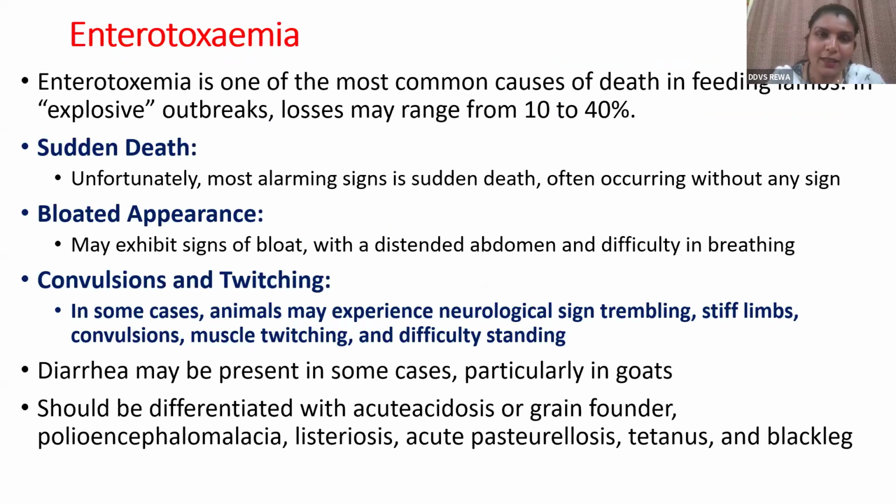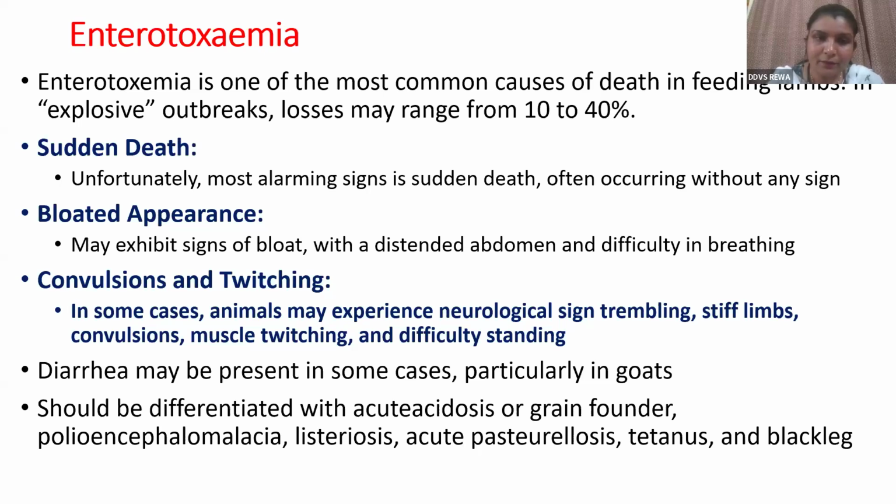In this case, the outbreaks are very explosive, and mortality may extend up to 10 to 40%. There is sudden death without any clinical sign, and development of bloat which may lead to difficulty in breathing. Neurological symptoms include trembling, stiff limbs and convulsions. So they may create some confusion with listeriosis.